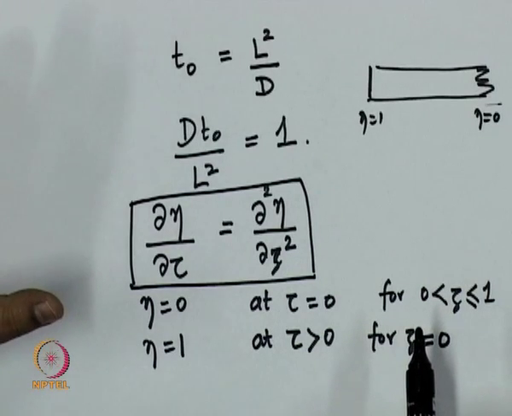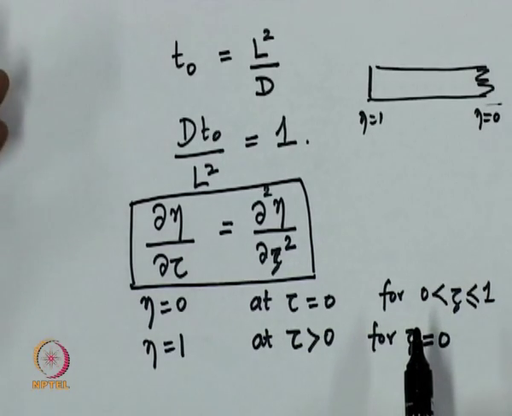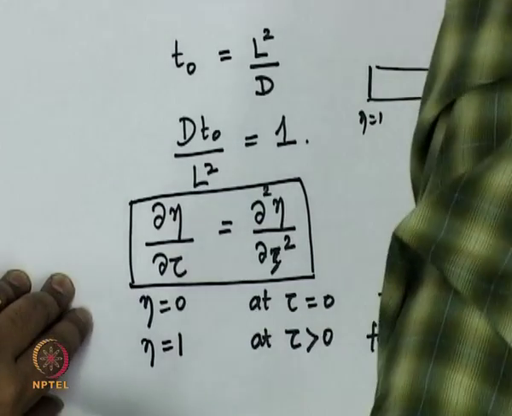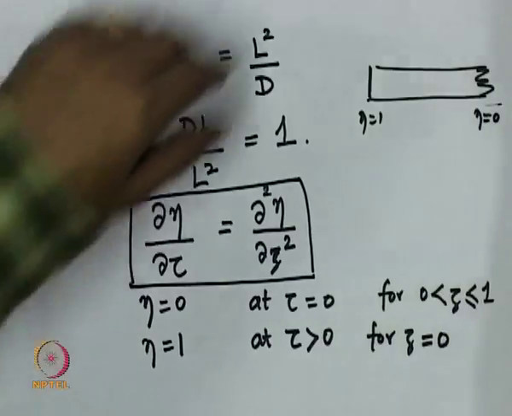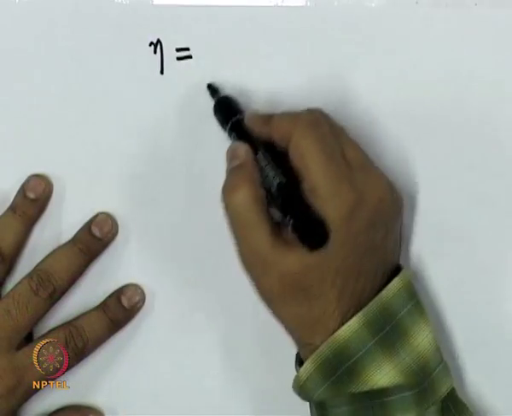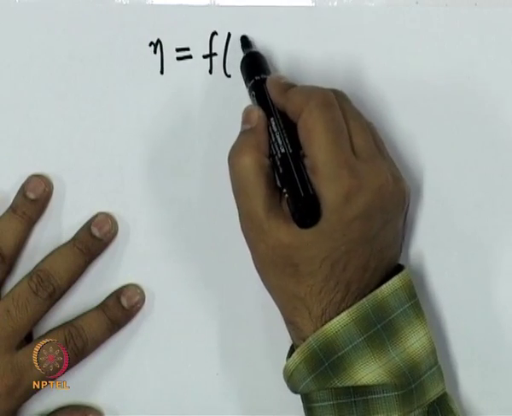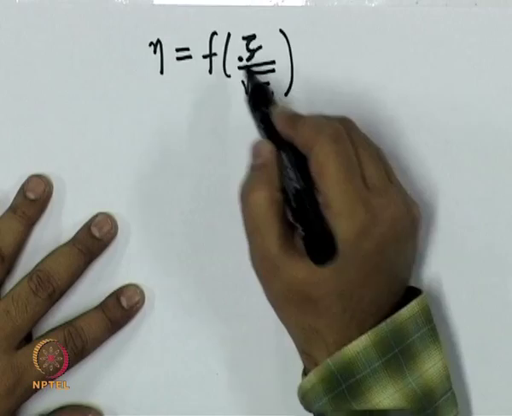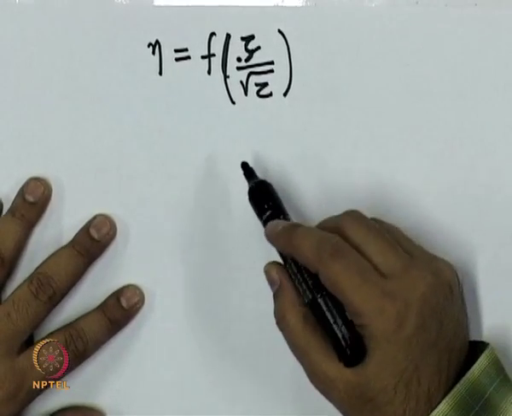The assumption that we are going to make, or the way we are going to derive this solution, is to say that this solution for concentration eta is going to be like this. I am going to assume that eta is only a function of z divided by root tau. Okay.